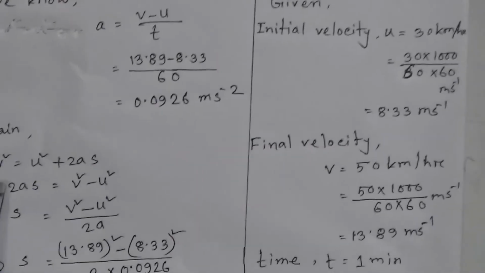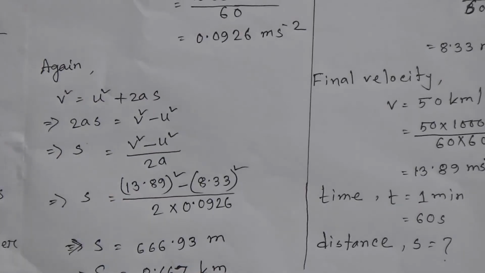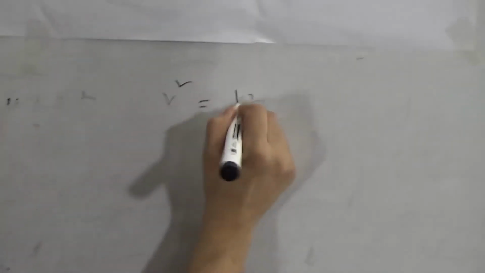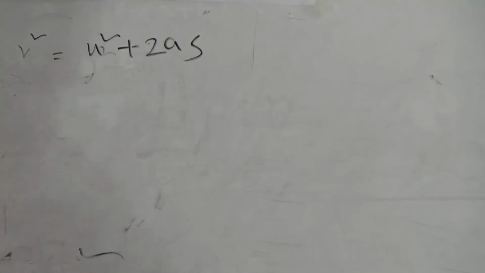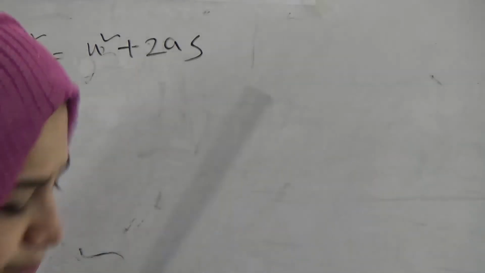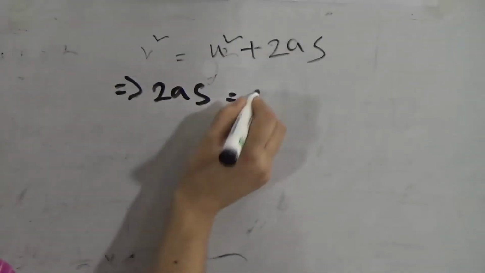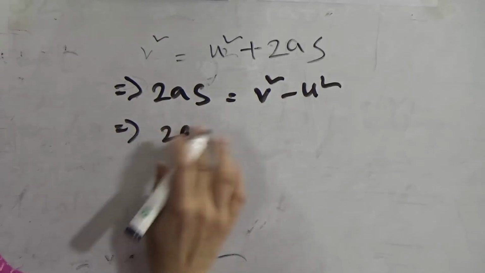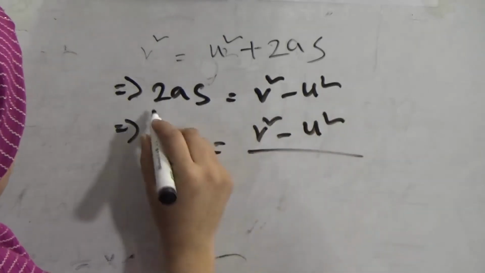Again we have to find the distance, so we apply this formula, v square equals u square plus 2as. My dear students, I am showing this calculation. v square equals u square plus 2as, so 2as equals v square minus u square, and s equals v square minus u square divided by 2a.